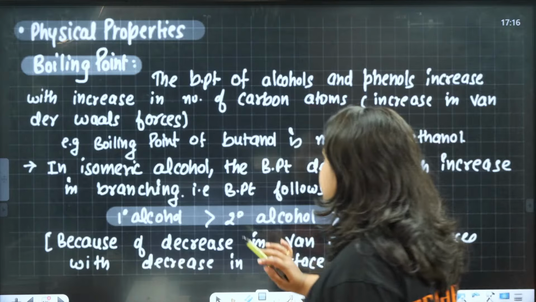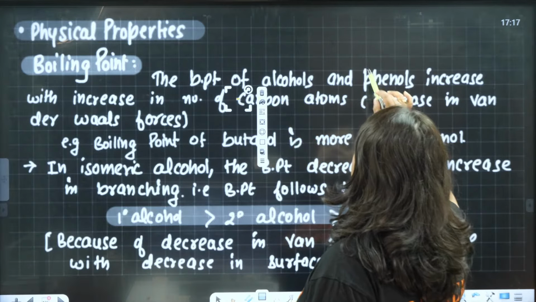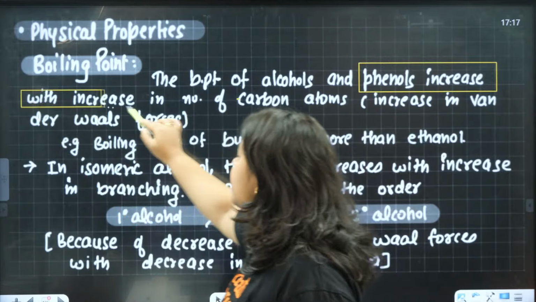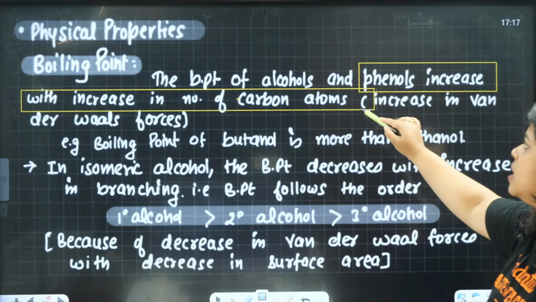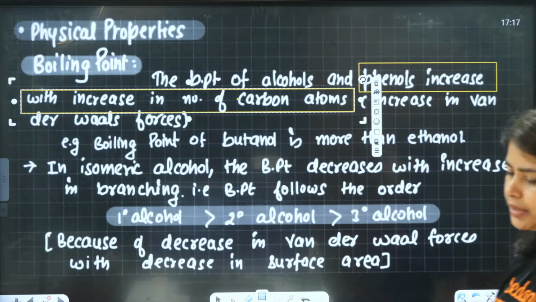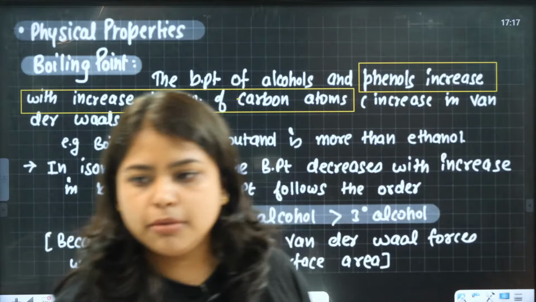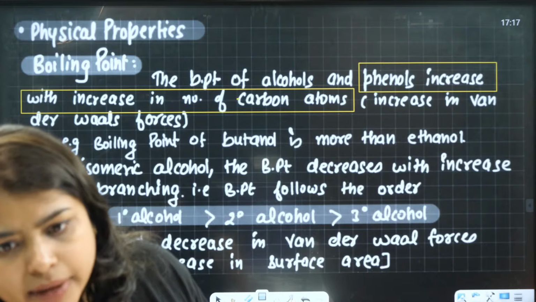So it's very simple to remember: the boiling point of alcohols and phenols will increase with increase in the number of carbon atoms. Clear? Alcohols and phenols both are going to increase if carbon atoms are more.